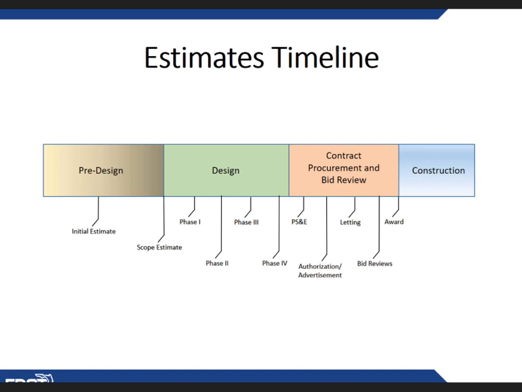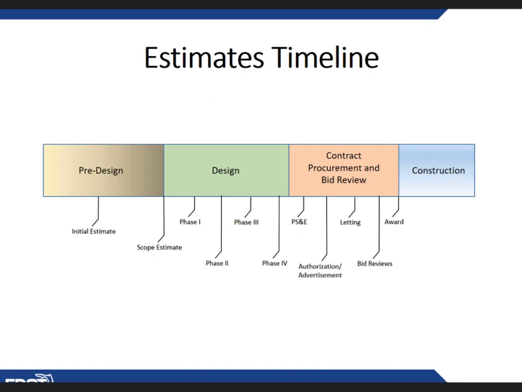As the project is defined and developed, just prior to hiring the designer, we do a scope estimate. It's defined, we know more or less what we want in our project, and we know that once that happens, the project never changes in a perfect world. The scope of services is the contract document that we use to hire the designer.